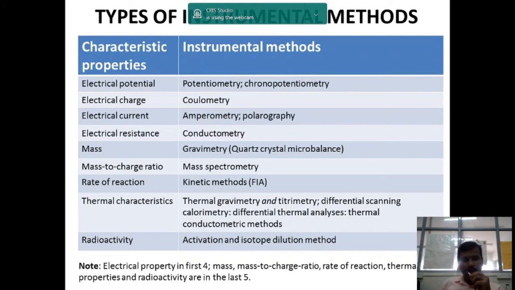And if you perform kinetic methods, or a kinetic study of chemical reactions, you will gain knowledge about the rate of the chemical reaction. Chemical thermodynamics is very important, and similarly the kinetics of a chemical reaction is also very important, because there are millions of chemical reactions we can perform in our laboratory.